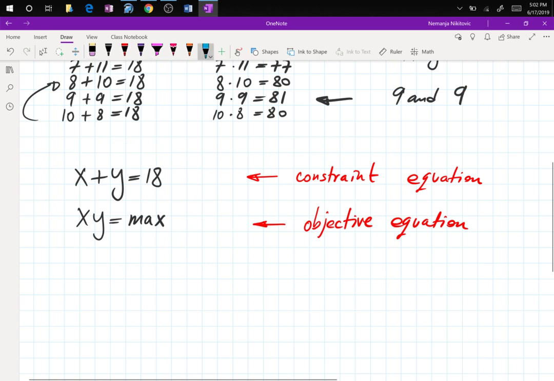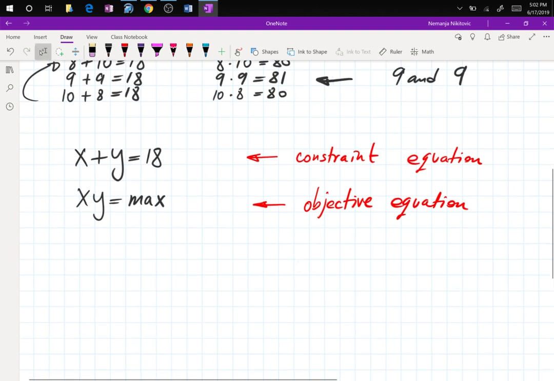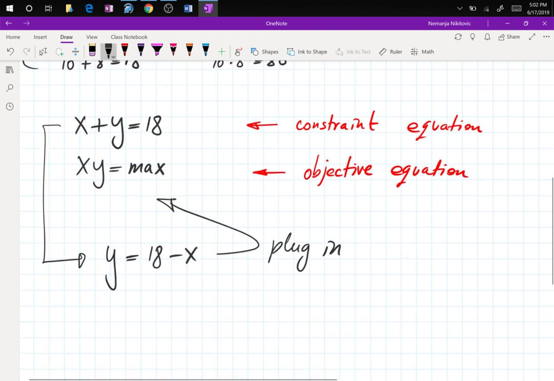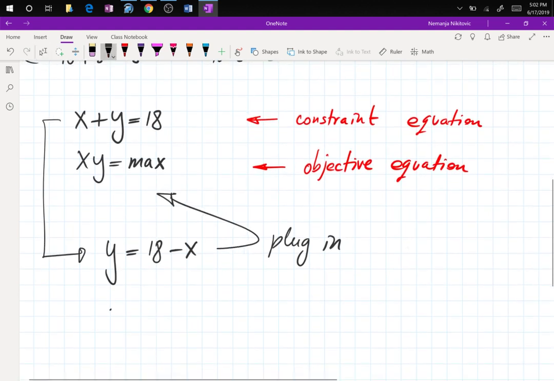Now let's see. The process goes like this. From the constraint equation, you solve for one of the variables. So you will go into the constraint equation and solve for one of the variables, and then you will plug that into this equation, and you will get x times 18 minus x equals a max.